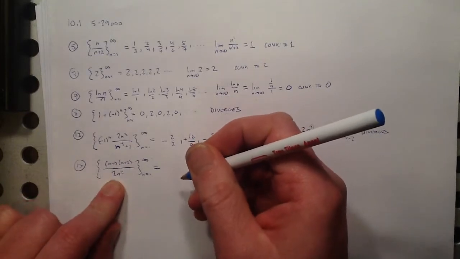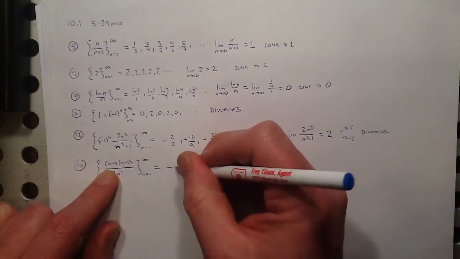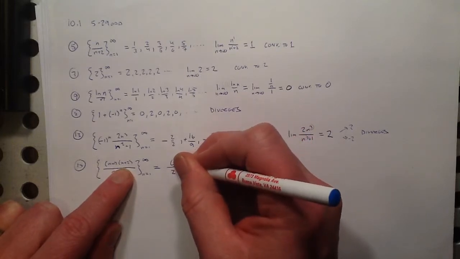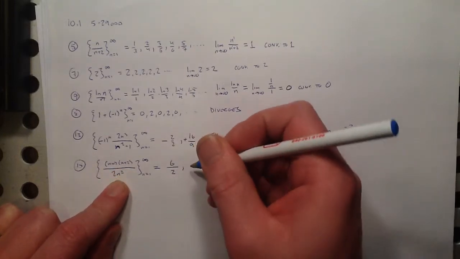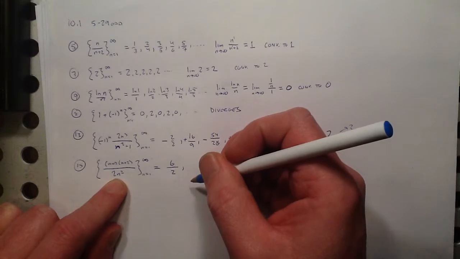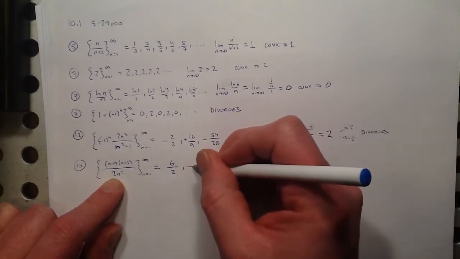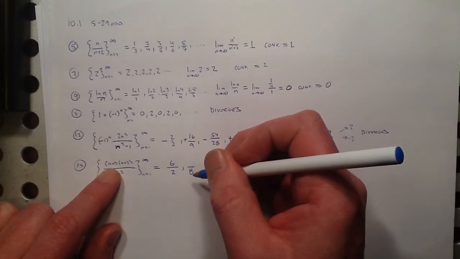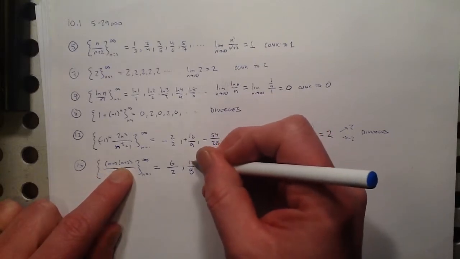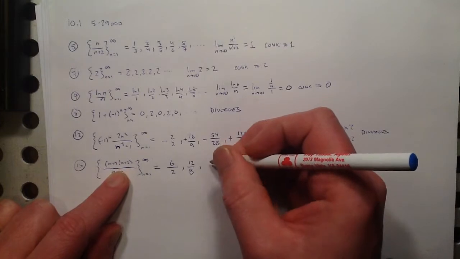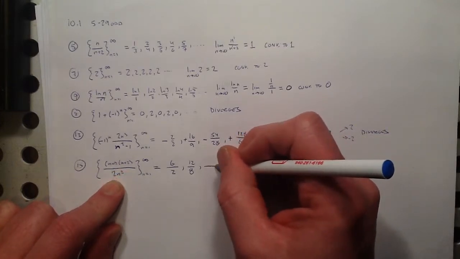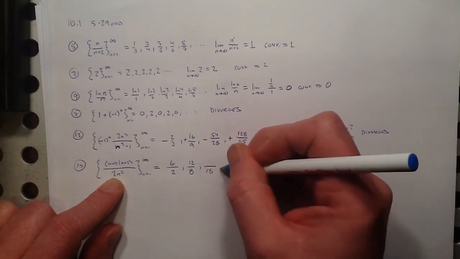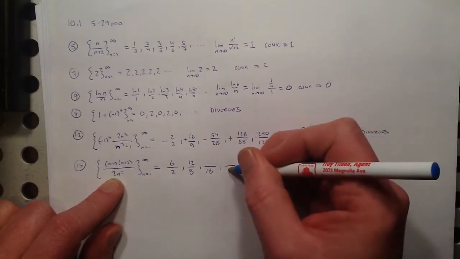When I plug in 1, bottom's 2, and then on the top I have 2 times 3. Next term, when I plug in 2, 2 squared is 4, so on the bottom I have 8. And then at the top I have 2 plus 1, 3 times 4. Next I have on the bottom 3 squared is 9 times 2 is 18. And then 4 squared times 2.